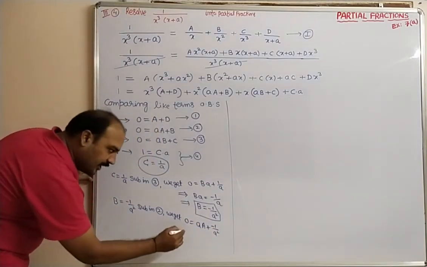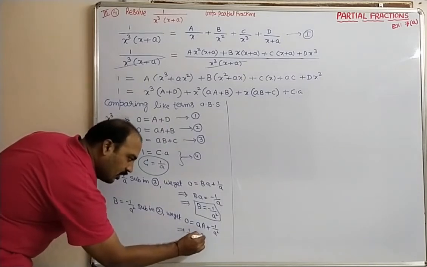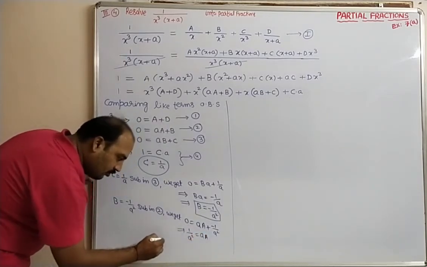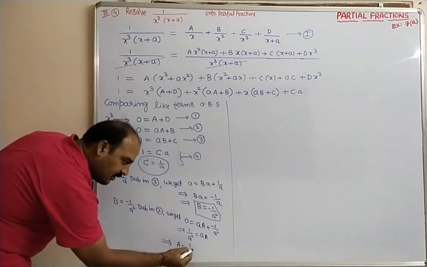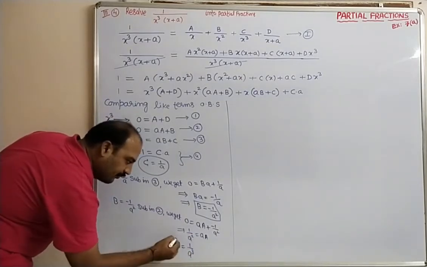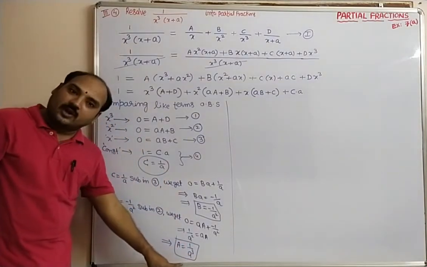Minus 1 by a square we can take this side, 1 by a square is equal to small a into capital A. That implies capital A is equal to 1 by a cube. So capital A equal to 1 by small a cube.